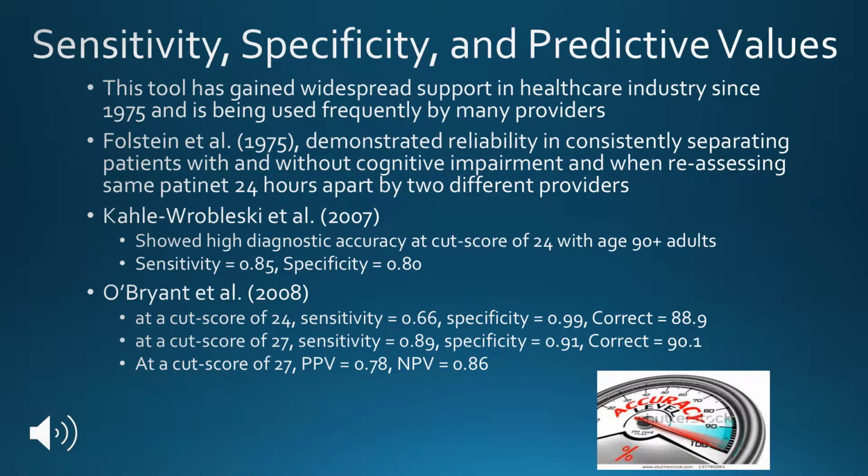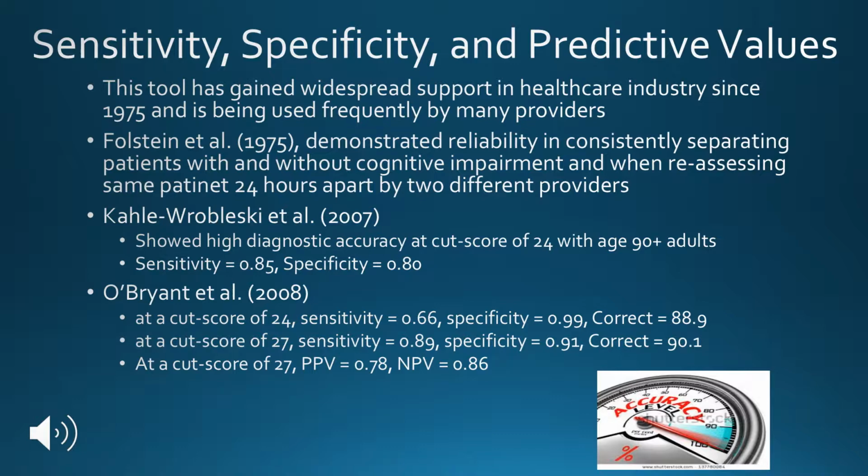Folstein in 1975 demonstrated reliability and consistency by separating patients with or without cognitive impairment. And when these patients were reassessed with MMSE 24 hours apart by two different providers, similar results were obtained.